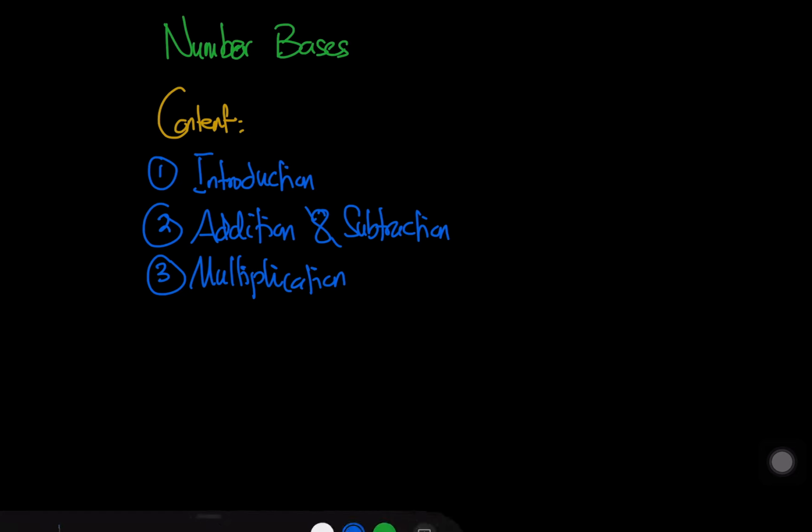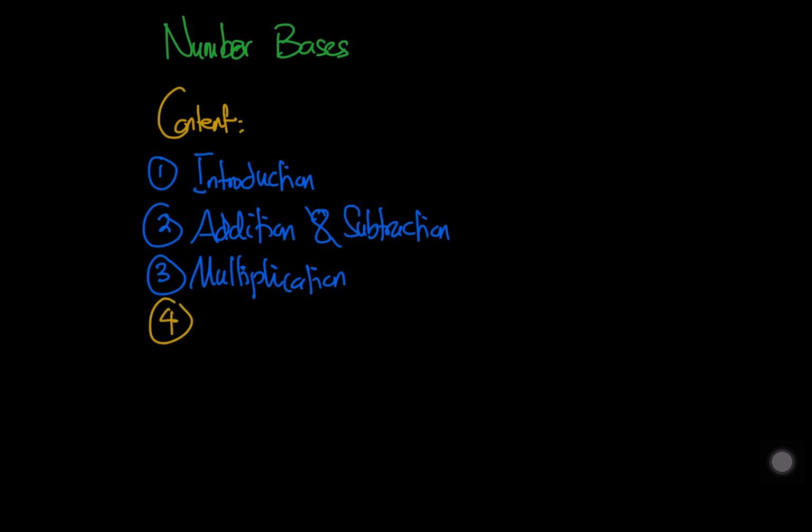And then the next thing after multiplication is how we can convert a given base, maybe base 2, base 3 or 4 or whatever, into base 10. How do we convert that to base 10?